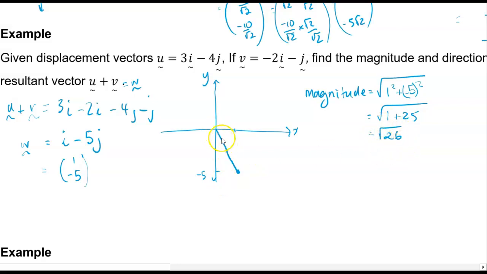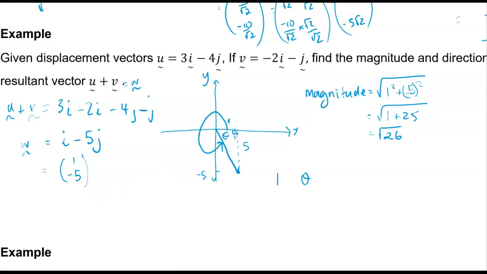Okay, so that's how long that line is, but we need a direction. So remember, our direction is measured all the way in that direction. So that's the angle that we want to find. But to make it easier, let's find this little angle theta in here first. Here's a right angle triangle. How are we going to do that? We know that we're 1 across and we know that we're 5 down. So for theta, what do we want: sine, cos, or tan?